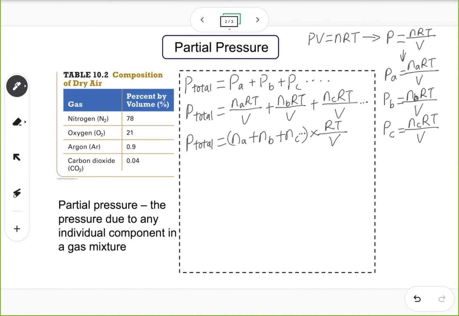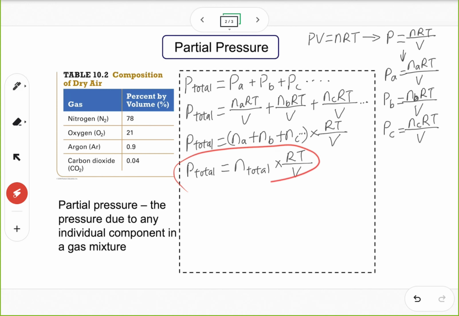Now, NA plus NB plus NC, add all of the mole numbers together. That is going to be P total equals N total, the total mole number of the gas components, times RT over V. If this equation looks familiar, then you are on the spot, because this is the ideal gas law.